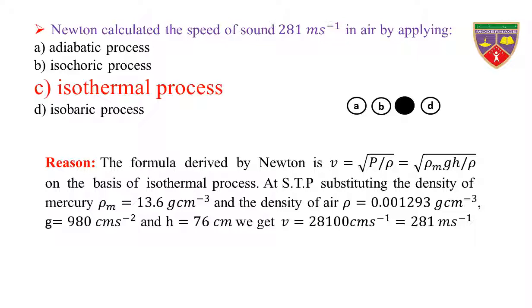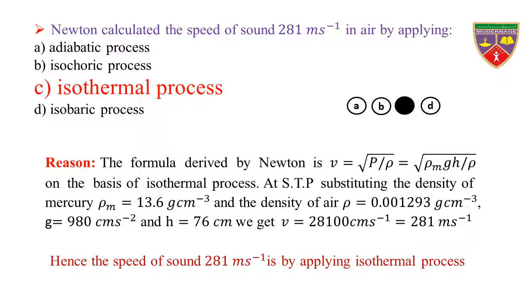At standard temperature and pressure, substituting the density of mercury, rho m is equal to 13.6 gram per cubic centimeter, the density of air, rho is equal to 0.001293 gram per cubic centimeter, g is equal to 980 centimeter per second squared, and height h is equal to 76 centimeter, we get v is equal to 28100 centimeter per second, which is 281 meter per second.